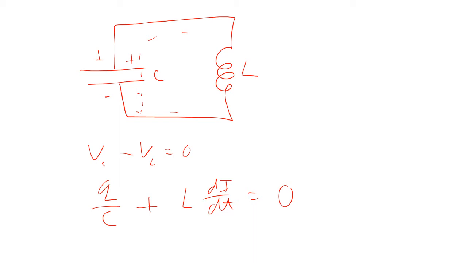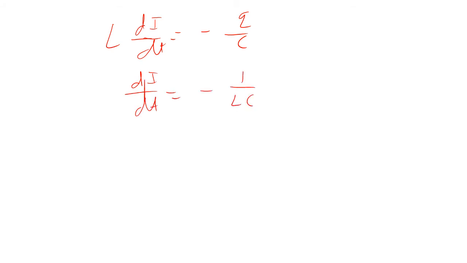So let's put the derivative on one side of the equation. We have L di dt equals minus Q over C. So di dt equals minus 1 over LC times Q. Well, I is dq dt.